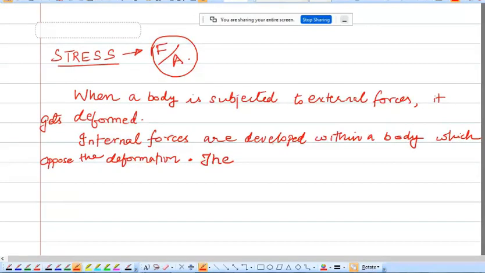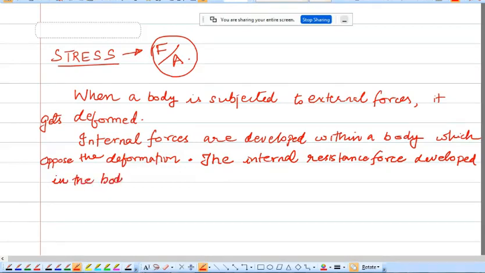The internal resistance force developed in the body per unit area is called stress.